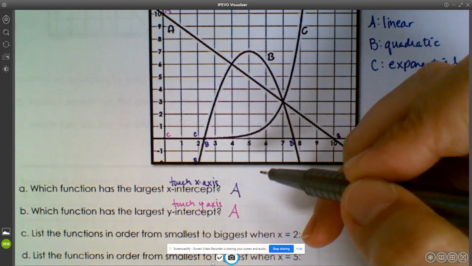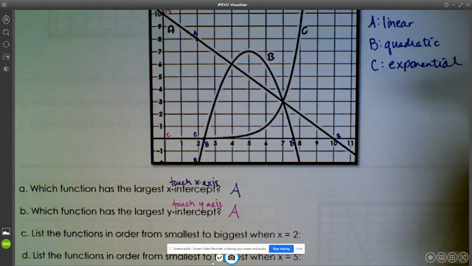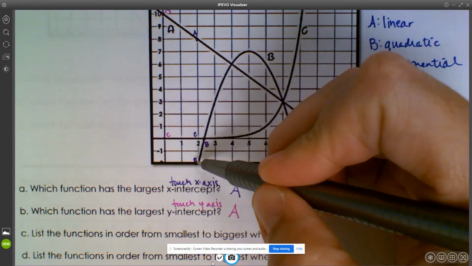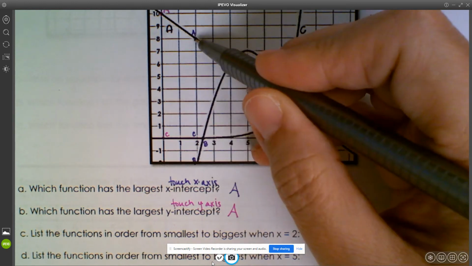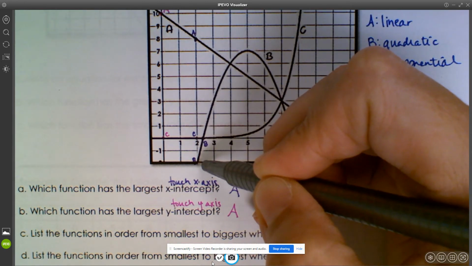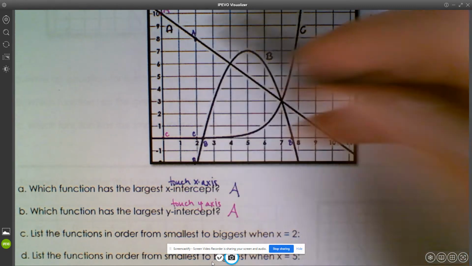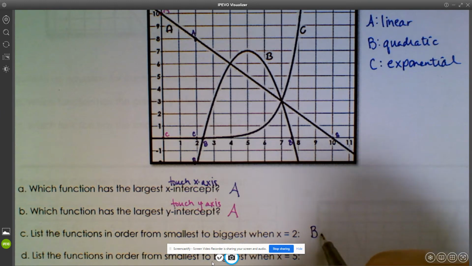Here function C has x equals 2. And here x equals 2 for function A. So smallest to largest, we go B, C, A. Function B has the smallest value, then function C, and then function A has the greatest.